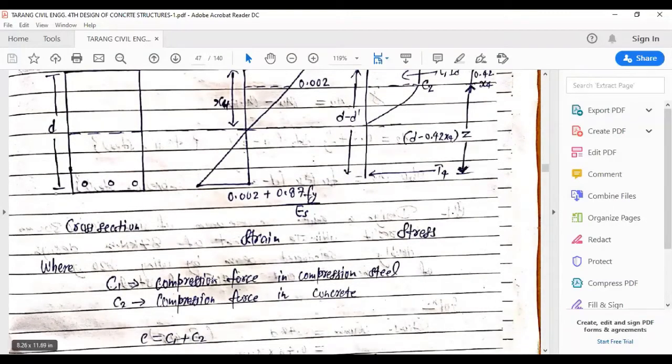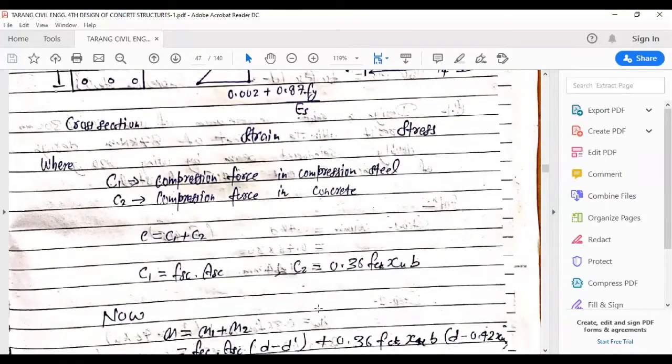So C1 is compression force in compression steel, and C2 is compression force in concrete. Total compression force is given by C is equal to C1 plus C2, where C1 is FSC multiplied by ASC, which is force in steel under compression multiplied by area of steel under compression.